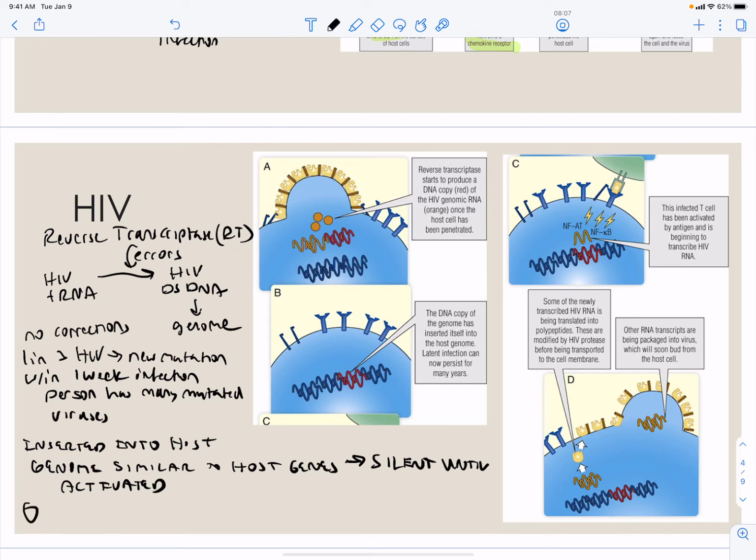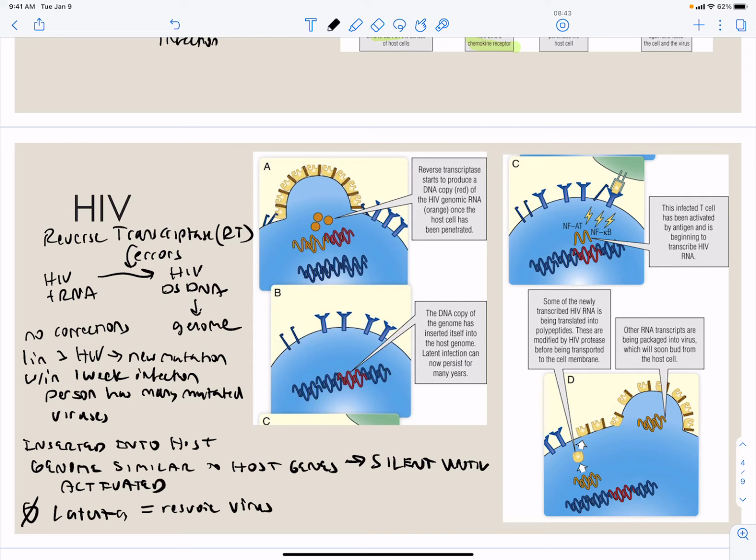Now, in macrophages, it can become latent because a macrophage typically isn't activated. It's kind of doing its homeostasis thing, but when a macrophage becomes activated by a bacteria or a fungi, then the virus can get activated. But macrophage latency is a reservoir for the virus. It doesn't mean it's not circulating somewhere else. It doesn't mean it's not proliferating somewhere else, but within a macrophage, it can kind of hang out until that macrophage gets activated.